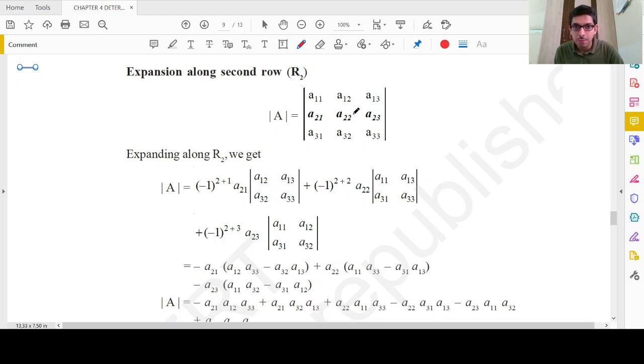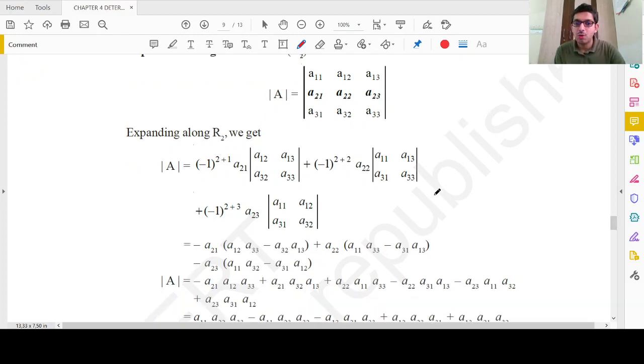Plus minus 1 to the power 2 plus 2, A22, determinant A11, A13, A31, A33, that is the determinant obtained by deleting second row, second column. Similarly, second row and third column. Then expand that second order determinant, that is product of diagonal elements minus product of non-diagonal elements, and take the sign. So that will be the value of the determinant.